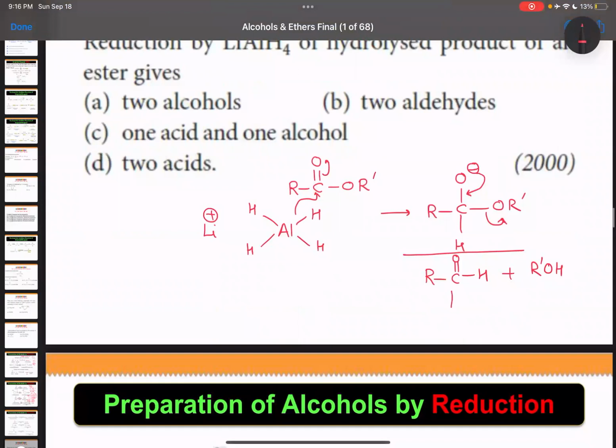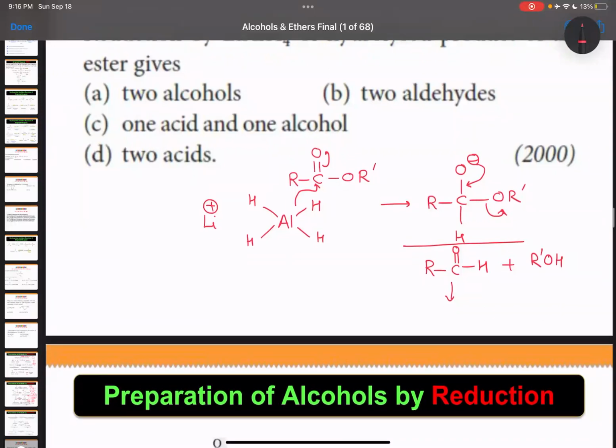Actually, this is an aldehyde, so it will be attacked again by LiAlH4. And finally, you will end up with RCH2OH. So you are going to get two alcohols. Okay, is it clear?